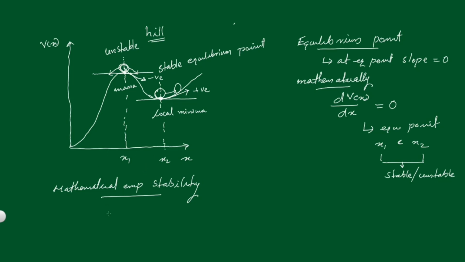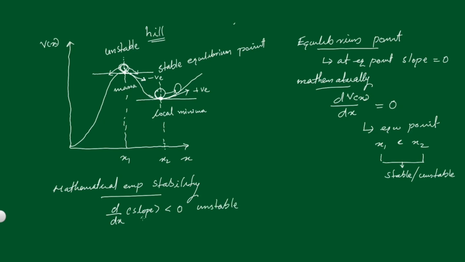We can express this mathematically like this: d by dx of slope is negative, less than 0, then it will be an unstable equilibrium point.